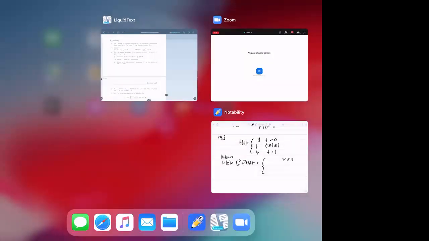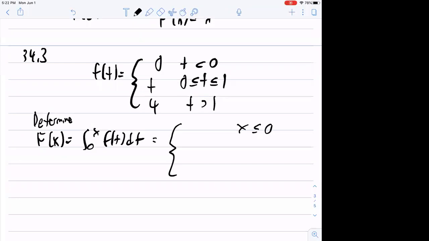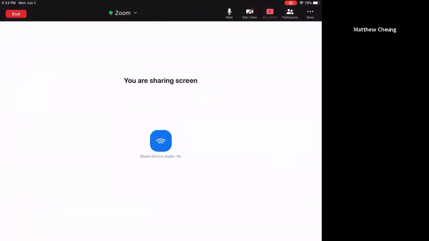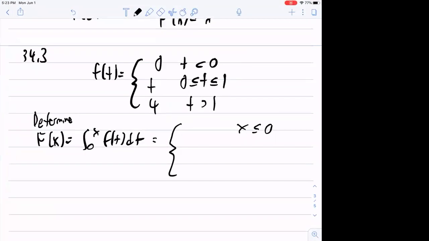So FTC1. I'm integrating from 0 to x. In other words, you can think of it like the negative of the integral from x to 0. I mean, x is just some negative number.